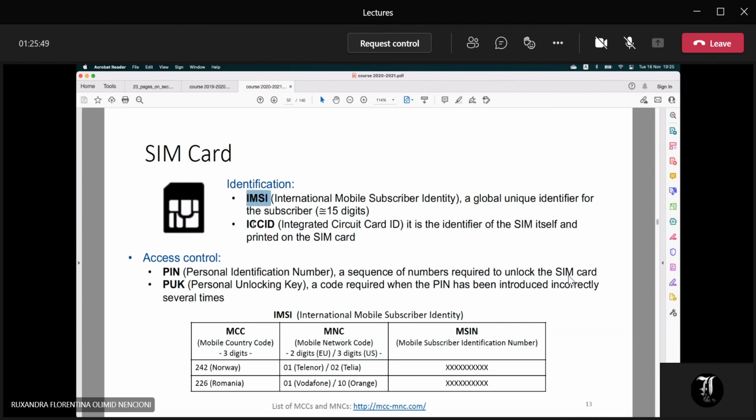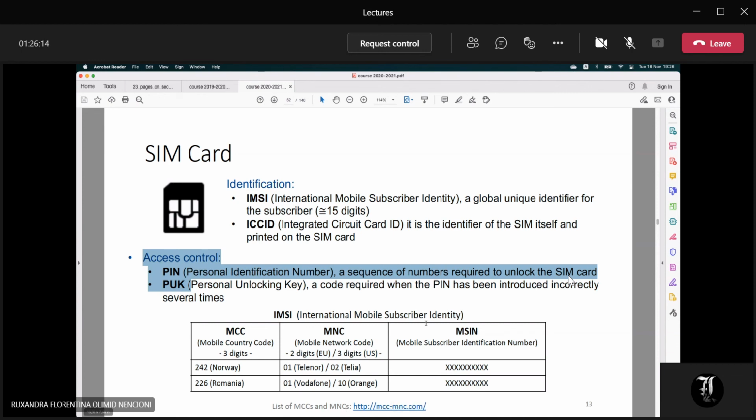There's another one, but it's less important for us. Let's say it's the ID of the physical card itself. It's not important. Then the PIN and the PUK, I suppose most of you know. Sometimes now we don't even use the PIN, and the PUK probably you haven't used in your life, but they exist. I think you know about them.